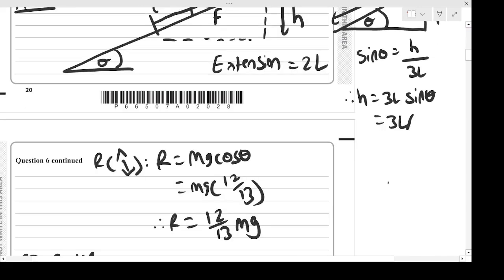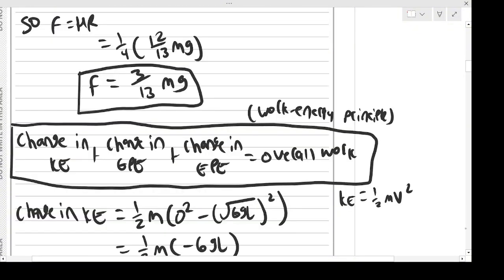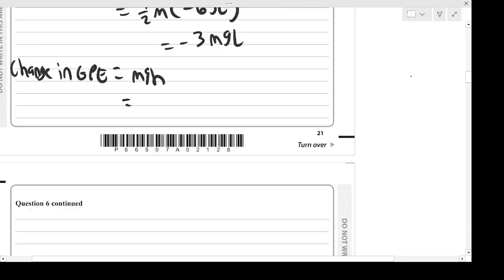So that's going to be 3L lots of 5 over 13, which will get me 15 over 13 lots of L. And there's my height. So I can sub that in, so that will go to 15 over 13 mgl. And that's my change in gravitational energy.